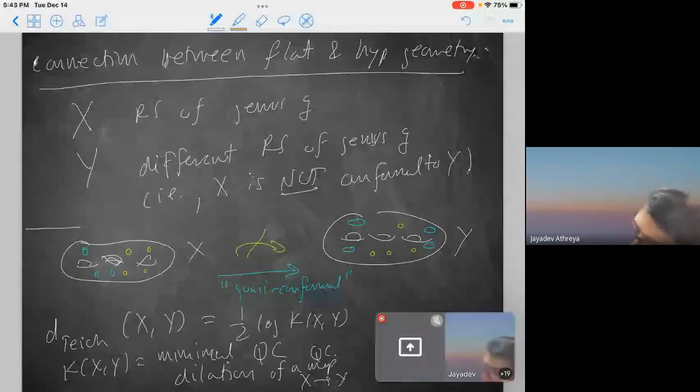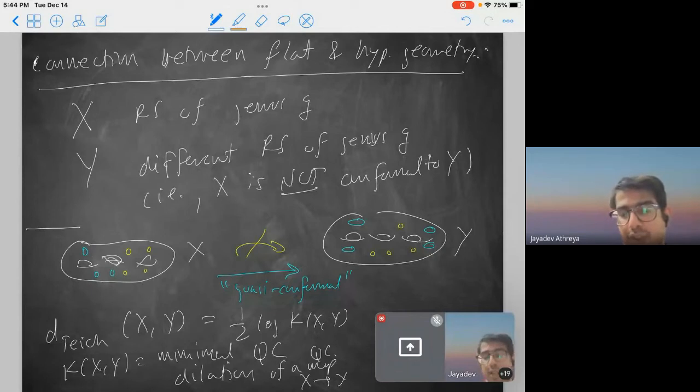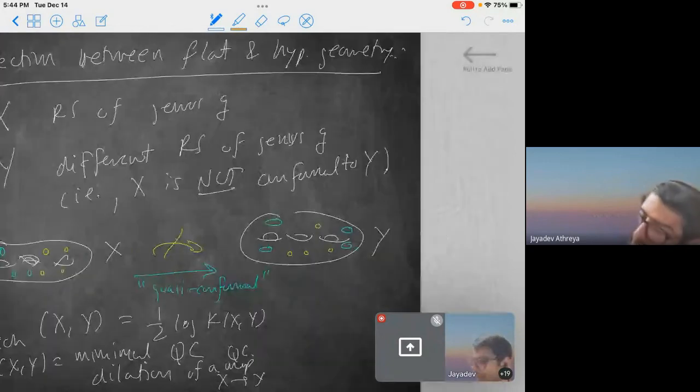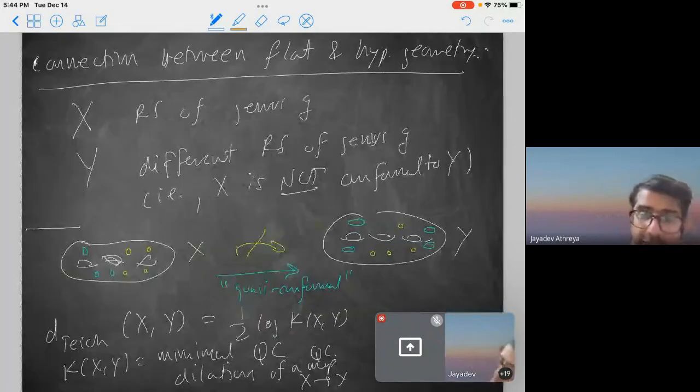X and Y also have hyperbolic representatives. You give me a hyperbolic surface, you give me another hyperbolic surface. What's the best way, in terms of distorting the complex structure the least, to get from X to Y? And the answer is that to do this, you actually have to understand flat geometry.